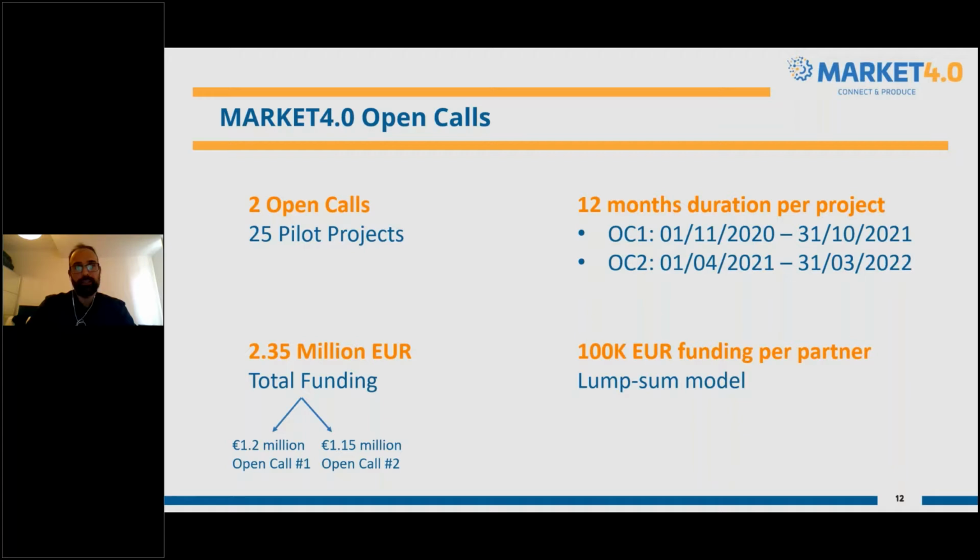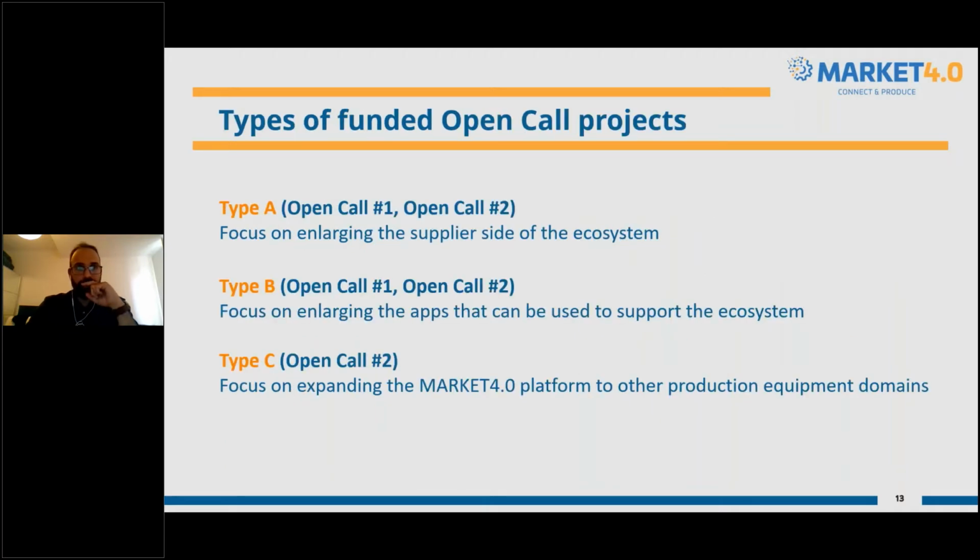This will also help you get a better understanding, in the respective presentation, of the types of open projects that were considered in the course of the open calls. We had 3 types of funded open call projects, namely type A, B, and C. Types A and B were addressed by both open calls, while type C was considered only in open call 2.